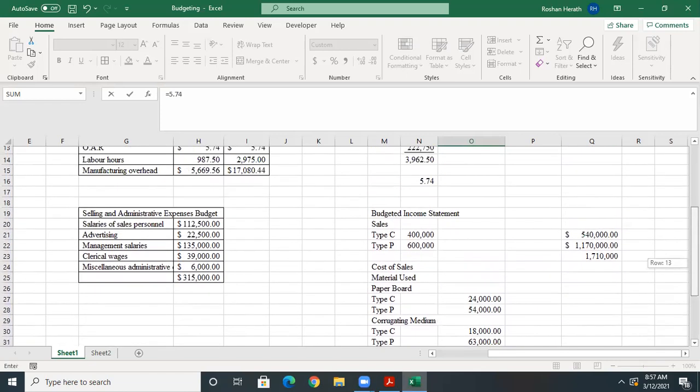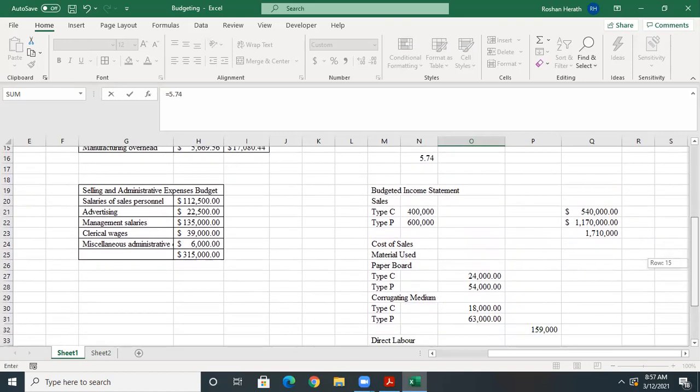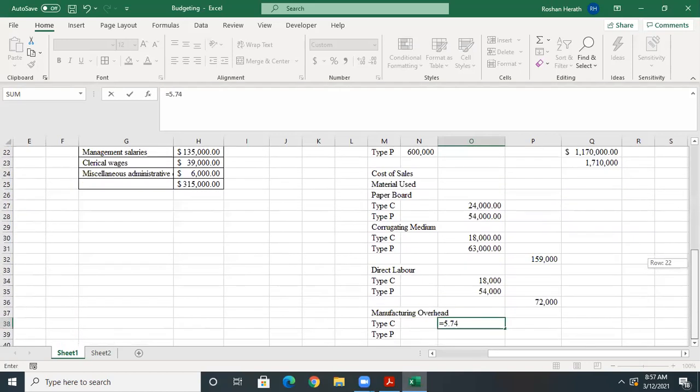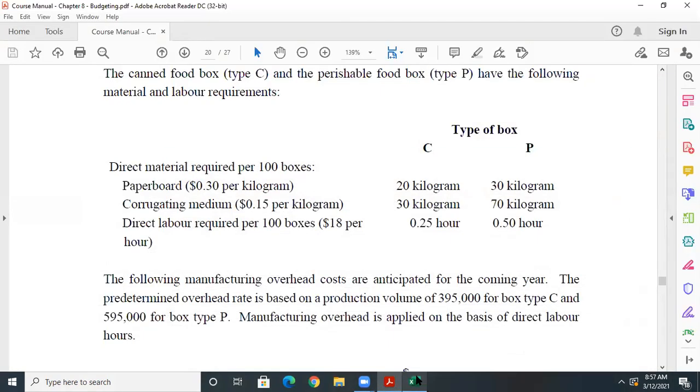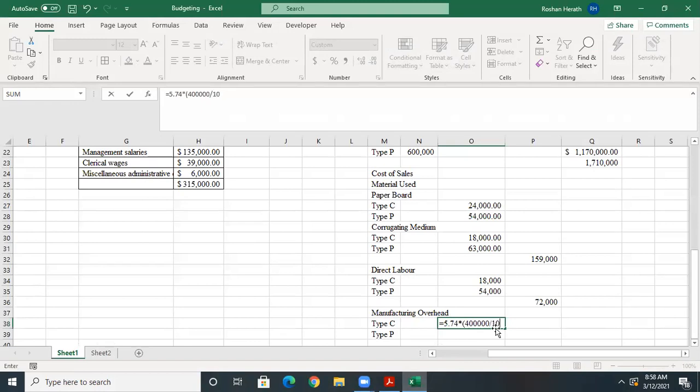Then you need to look at the labor requirement for 400,000 units of type C. You convert the number of units into labor requirement: for 100 units it takes 0.25 hours. We make these in 100s, and to make 100 it takes 0.25 hours. When you multiply, this requirement comes.